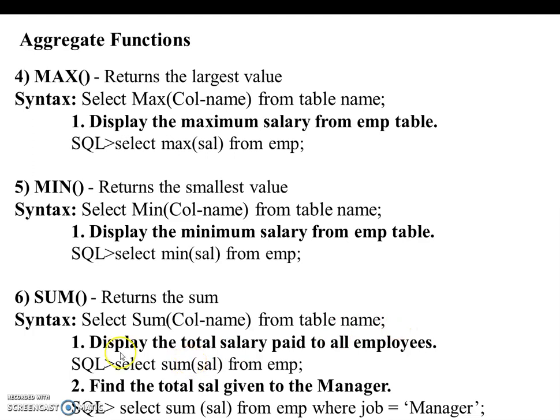We have the example: display the total salary paid to all employees. We are going to find out the exact total salary we are giving to the employees, and to perform this we have the query select sum of sal from employee. So it will perform a sum operation over here.